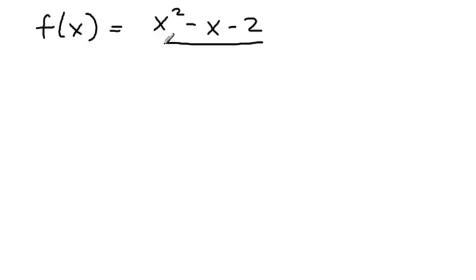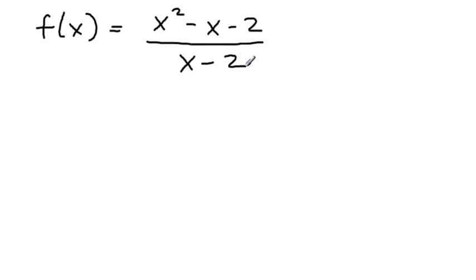If we look at an example, f of x equals x squared minus x minus 2, all divided by x minus 2. We're going to look for the holes in this function, if there are any. First step that we need to do is see, is the numerator factored? We see that the numerator is not factored out.